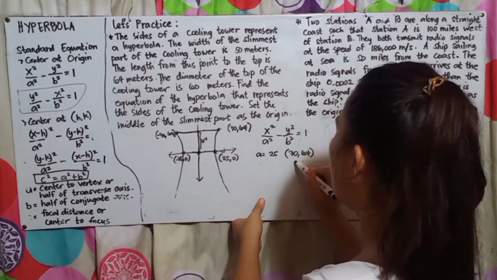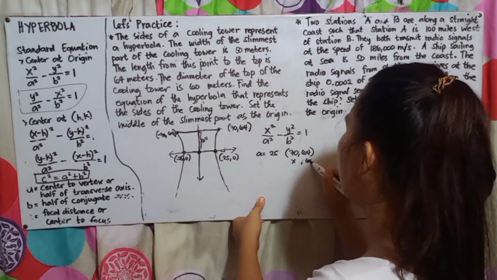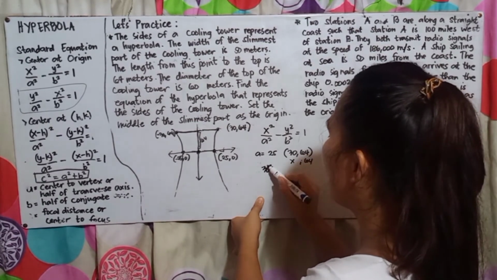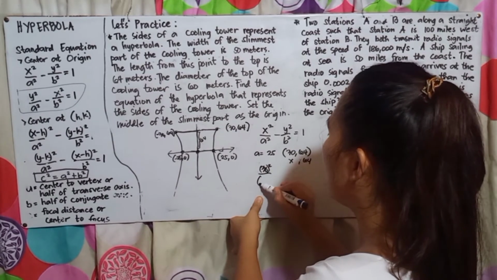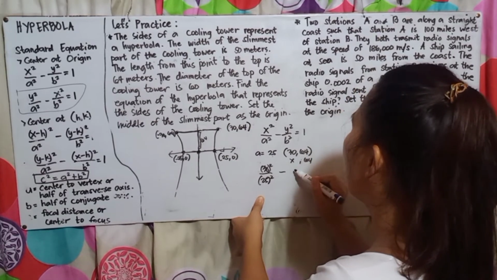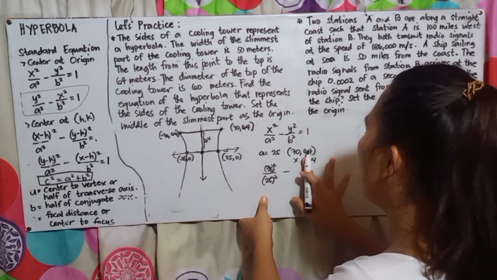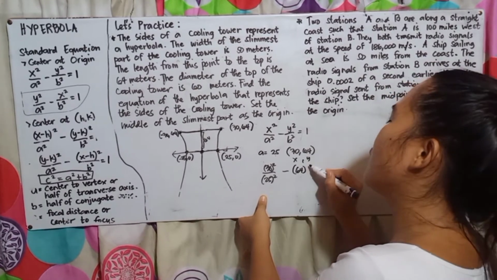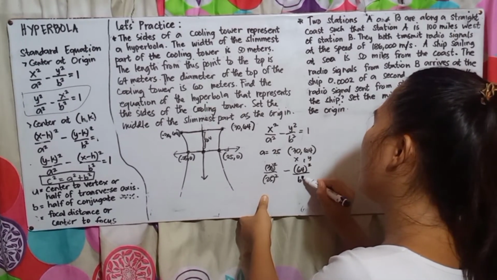X is 30, y is 64. So, 30 squared over 25 squared minus 64 squared over b squared equals 1.